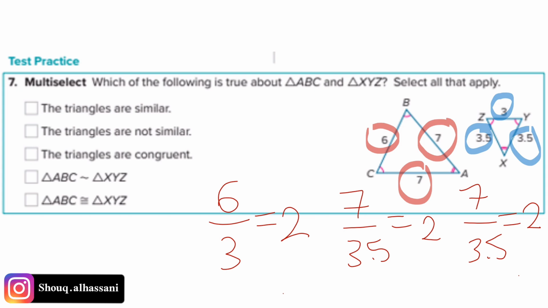However, the triangles are not congruent because their side lengths are not equal. One triangle is a scaled version of the other. Therefore, the correct answers are the triangles are similar, and ABC is similar to triangle XYZ, which is this one. This is the correct answer.